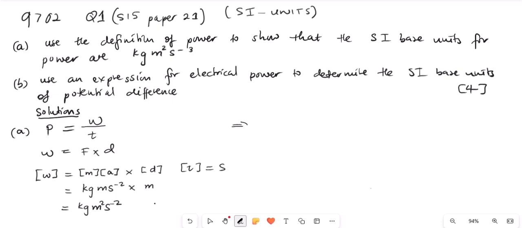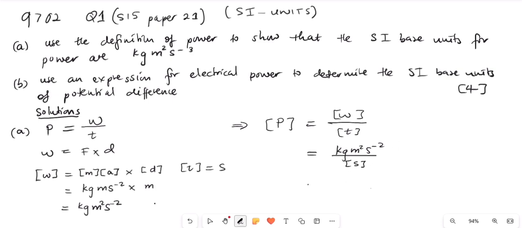So this implies that the unit for power will be equal to the unit for work over the unit for time. This gives us kg meter squared per second squared, divided by T, which is s there.